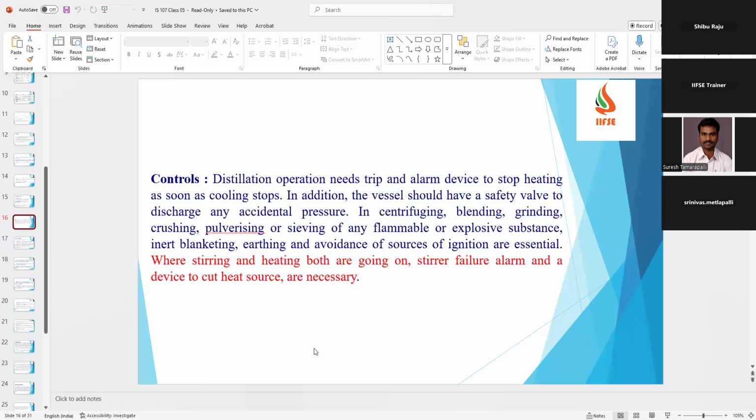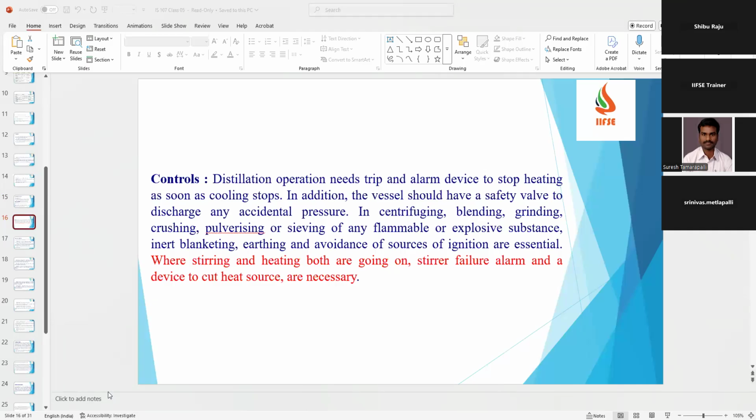Whenever you are doing such operations or using such equipment, you have to do it in an inert atmosphere, where you are applying inert gas, or doing it in the presence of nitrogen, to avoid any flammable mixture and avoid accidents. Earthing and avoidance of sources of ignition are also essential. So earthing is also very important.